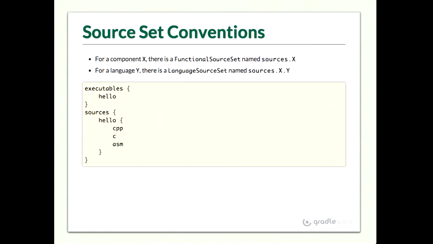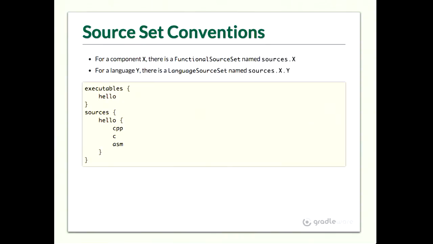This is the model of these source sets. So this is saying how they're programmatically represented, but it also represents the convention for where the sources will be located on disk. We assume that there's going to be an src directory following that Maven Gradle convention. For Java there's main, and then we have Java, Groovy, Scala.